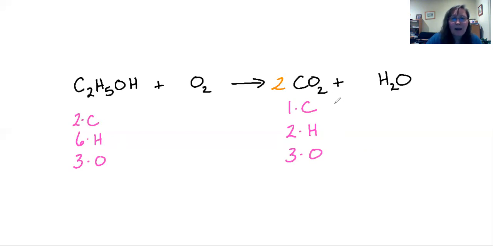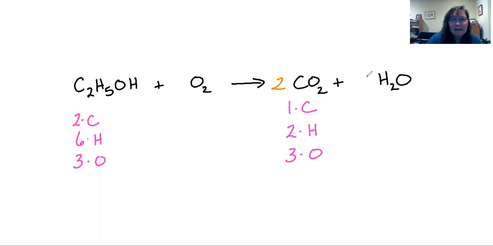And so now I have 2 carbons, and actually before I start counting things up, let me look at one more thing. Okay, so now I have 2 carbons. Now I want to look also at my hydrogens. I don't want to do my oxygens yet because, again, oxygen's in every single compound, which means that I'm going to do it last. Okay, now here I have 6 hydrogens, and here I only have 2 hydrogens.